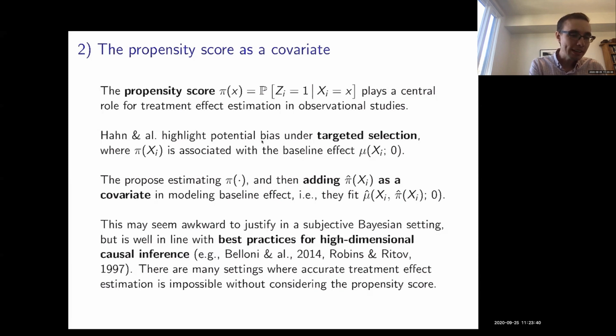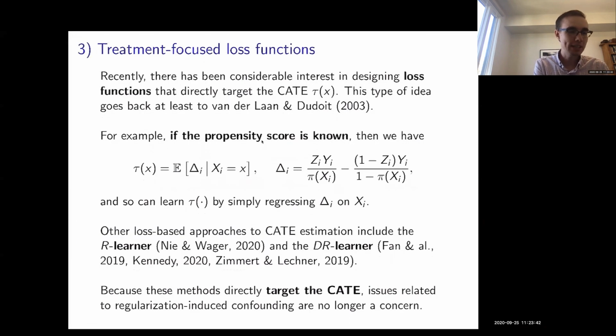A third idea that's gotten quite a bit of attention in the broader machine learning for treatment effect estimation community, but isn't as central in BCF, is this idea that you can think about treatment effects as the difference between two regression functions. But if you try to model it that way, you have all kinds of problems like regularization and induced confounding.